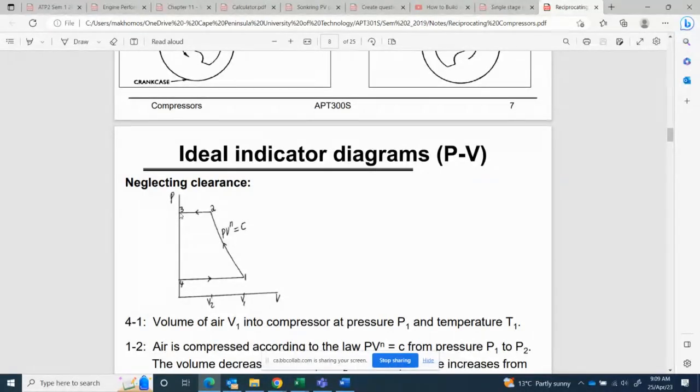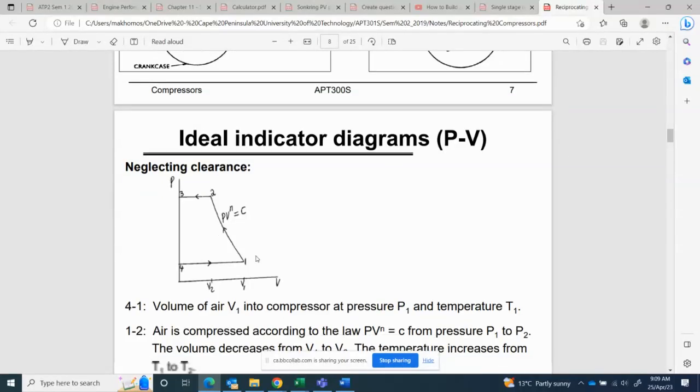And at number 3, the piston is right at the top of the cylinder. Now it is going back. When it goes back, it creates a suction. Suction at 4 opens the inlet valve, and then it allows air to come in. So for a reciprocating compressor with no clearance, we say that the volumetric efficiency of that compressor is 100%.